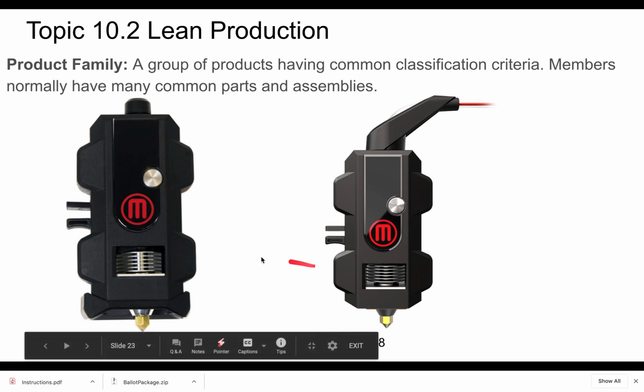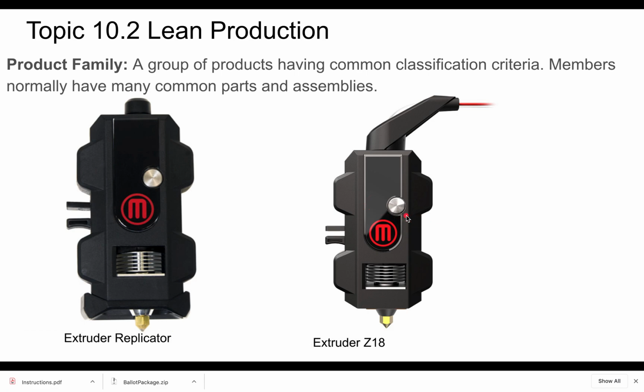We have two different types of MakerBots. We've got the Z18, which has its own extruder, and then we have the Replicator. The extruders are essentially the same. They are exactly the same, except that the Z18 has this extra piece, which is just something that snaps on.